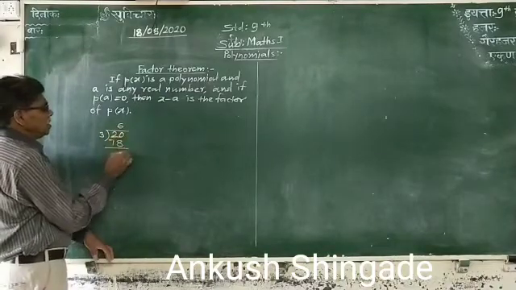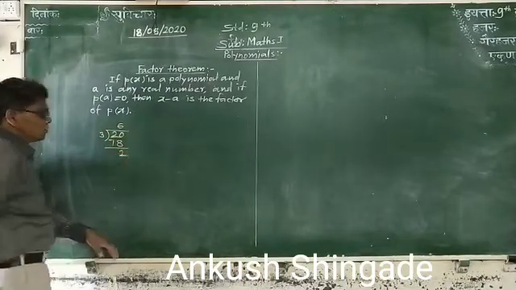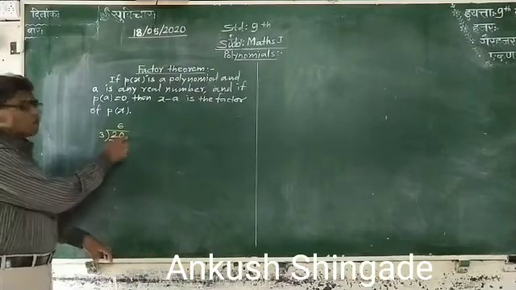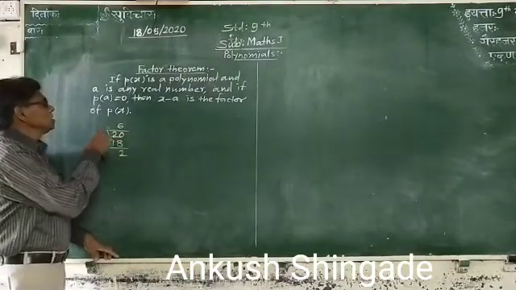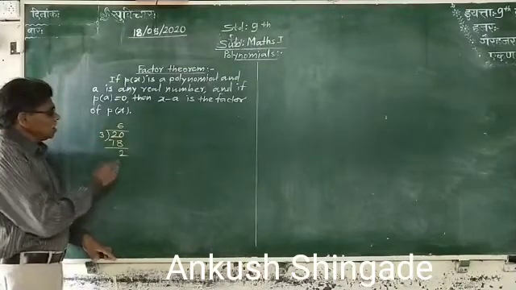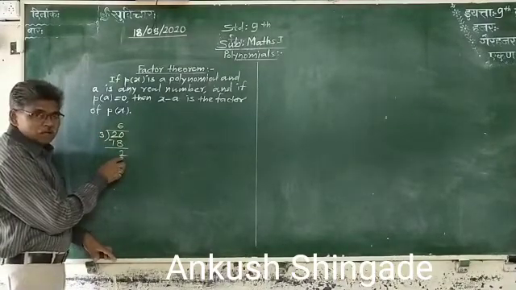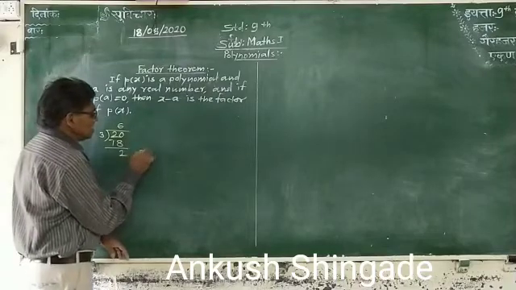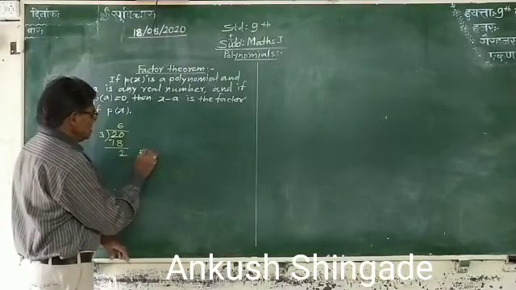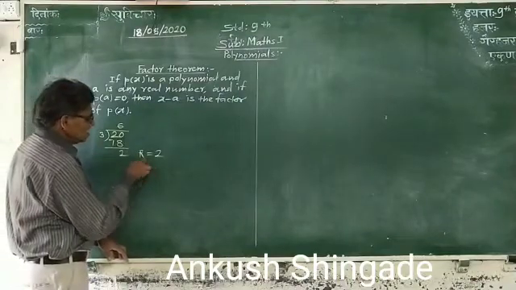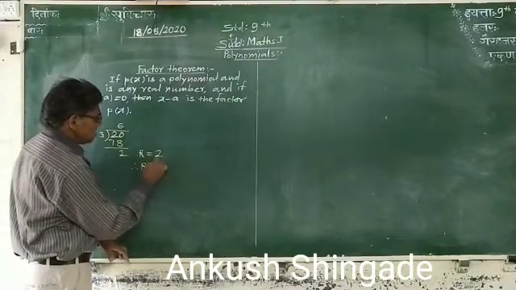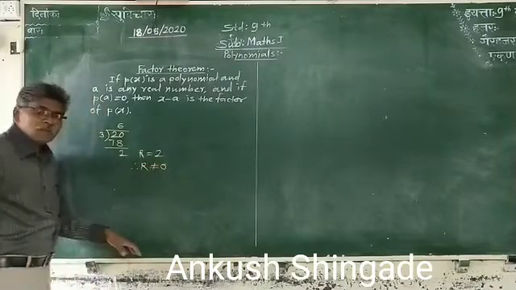Subtract 18 from 20, here we get 2. Now 20 is the dividend, 3 is the divisor, 6 is the quotient and 2 is the remainder. Here the remainder is 2. That means the remainder is non-zero.